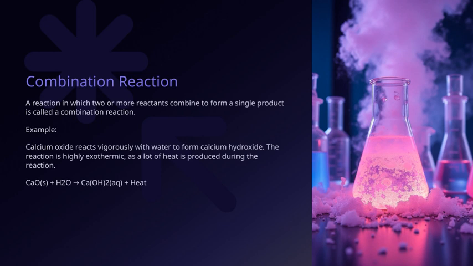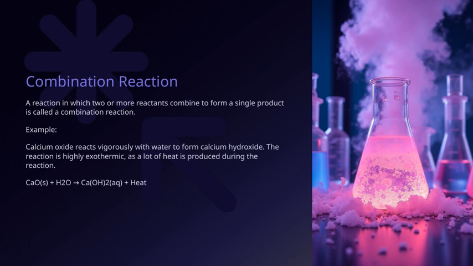Now, to connect this to our broader theme, this is a classic example of a chemical reaction where reactants come together to form a single product, in this case, calcium hydroxide. This type of reaction is called a combination or synthesis reaction. It's a fundamental concept because many reactions in chemistry involve multiple reactants combining to make one new compound.